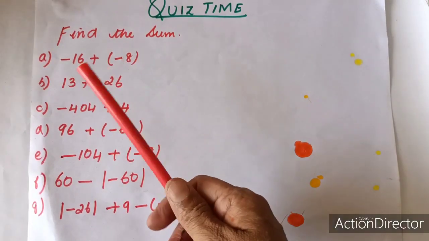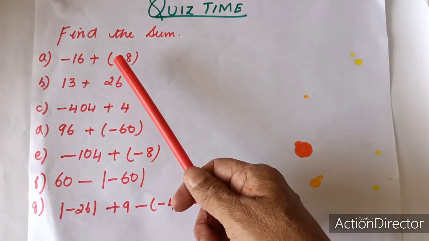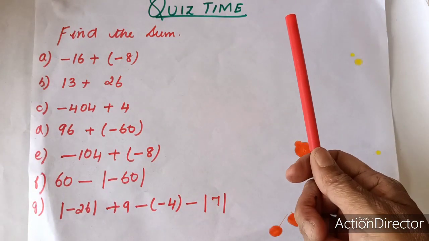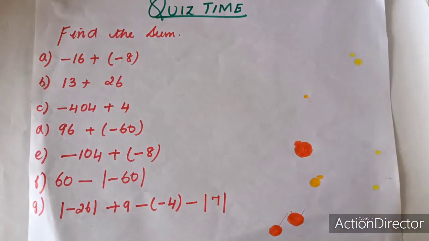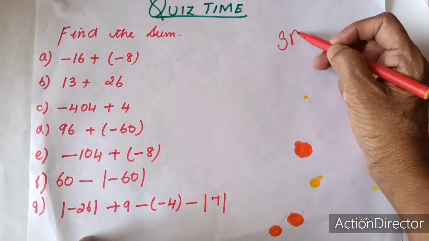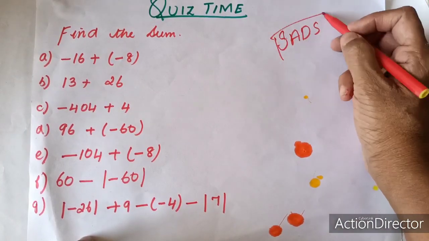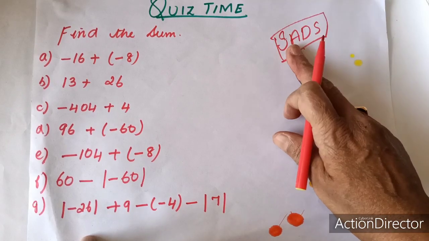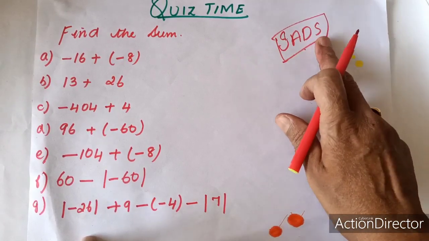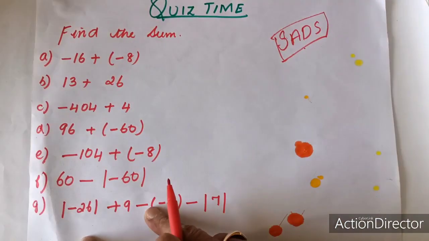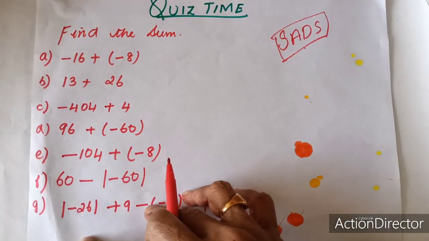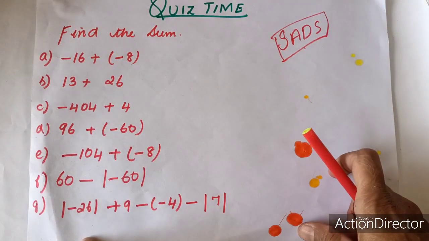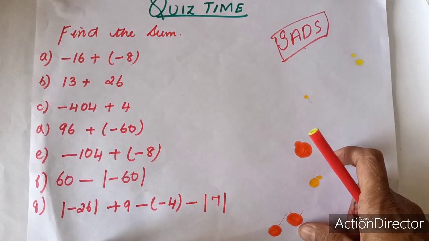You have to find the sum of all these numbers using the activity I taught you and the simple word SADS. By remembering this word SADS, it will be very easy for you. Same sign, add. Different sign, subtract. You remember this word and do these sums by any of the two methods I taught. Whichever method you feel is simple, you can use.